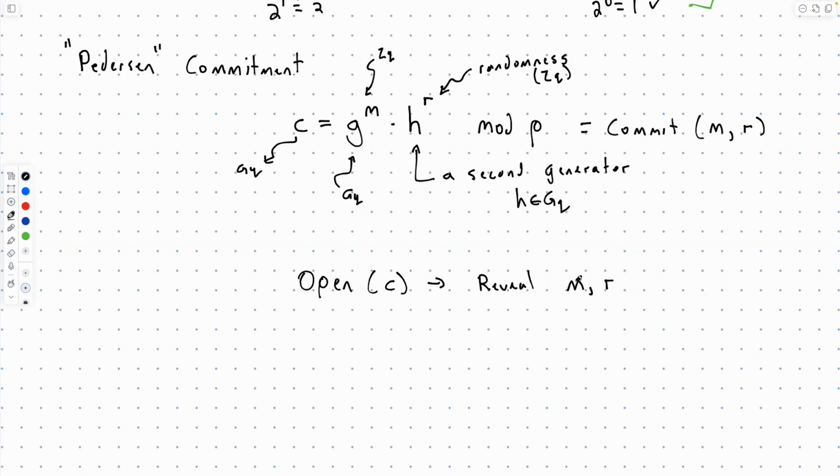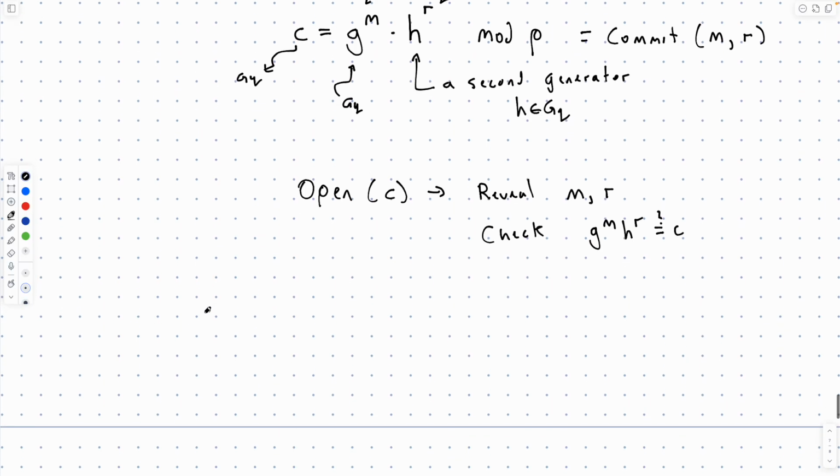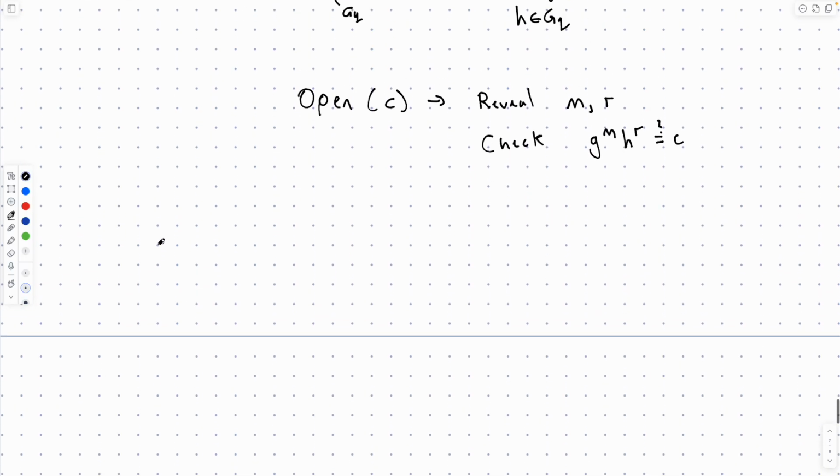Then the person's going to check whether G to the M, H to the R actually equals the value C, which I'm trying to open the commitment to. Okay? All right, so let's do hiding and binding.